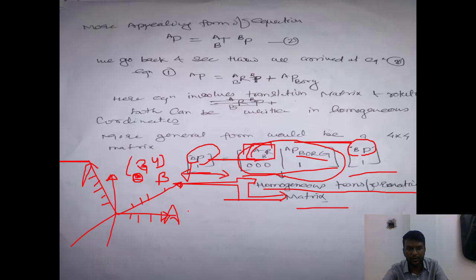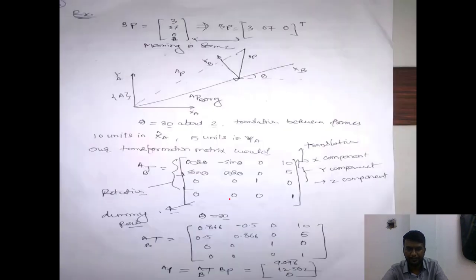If there is only rotation, you just delete the translation part. If there is only translation, you just delete the rotation part. If there are both, you multiply with the point that is given with this transformation matrix, and you get the point in the fixed frame, right?